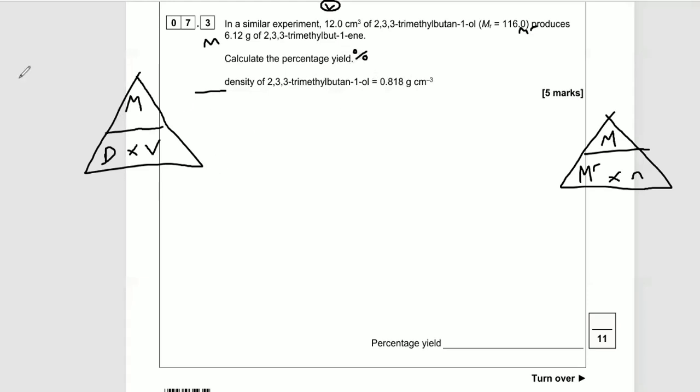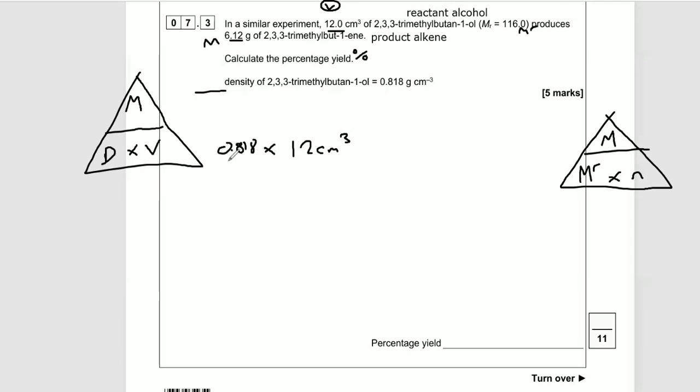So let's use the density first of all. We've been given the volume of the reactant, which is the alcohol, and we've also been given the density of the alcohol. Remember, it's an alcohol becoming an alkene. So we can use that density and that volume, 12 cm³, times it by the density.